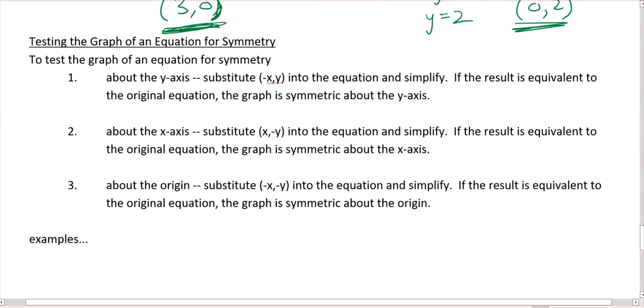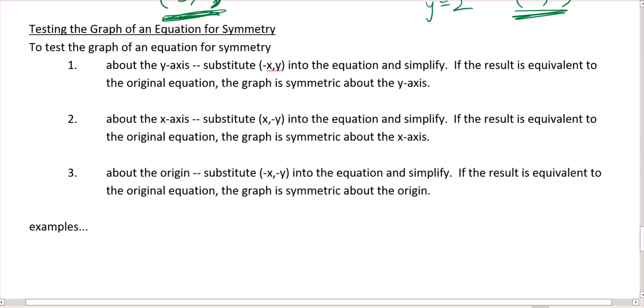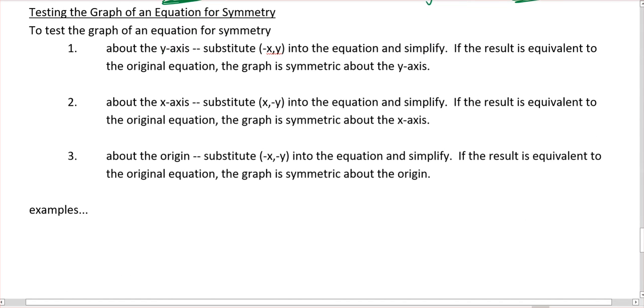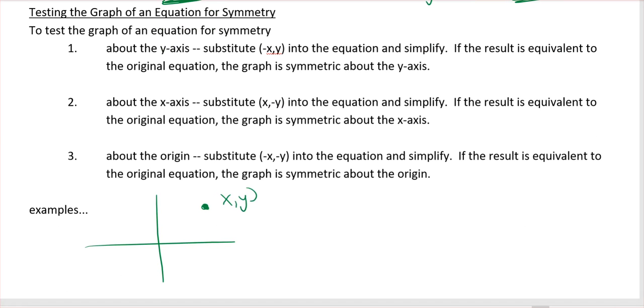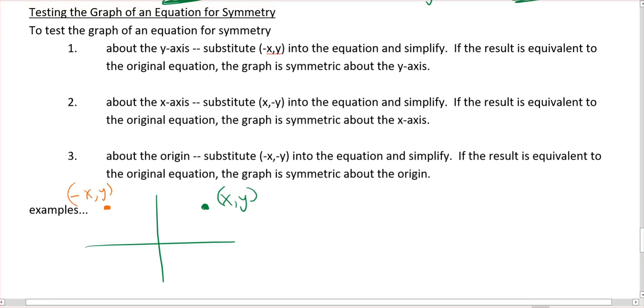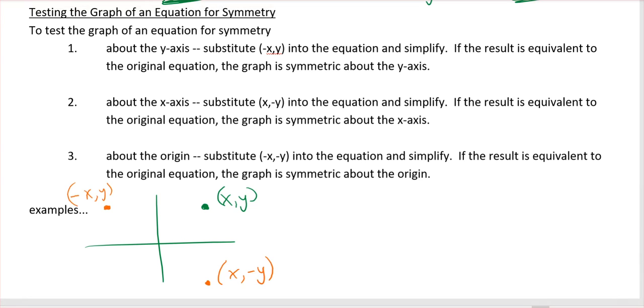I think the last thing we're going to do here is symmetry. We talked about symmetry last time, so let's draw a little picture down here. Recall that if I've got a point (x, y) out here in space, a point symmetric to this about the y-axis is over here; we make the x value negative. A point that is symmetric about the x-axis has the same x-coordinate but a negative y value.